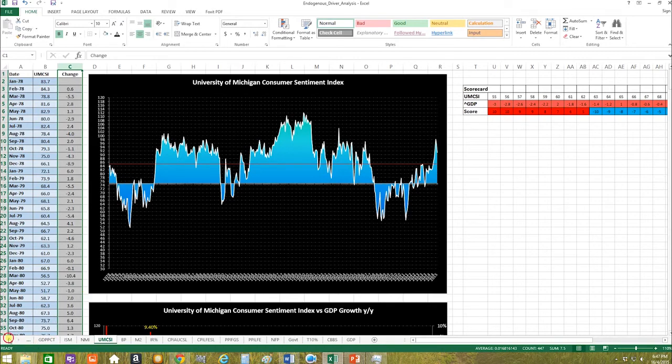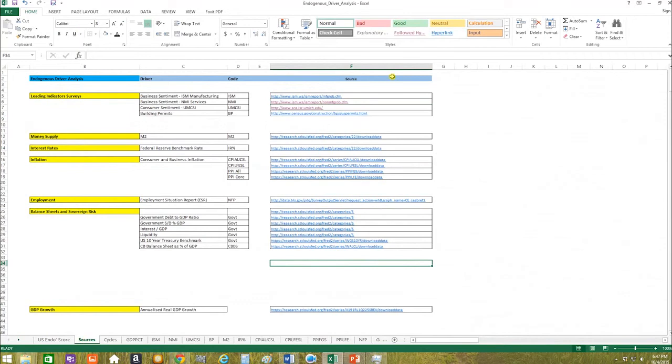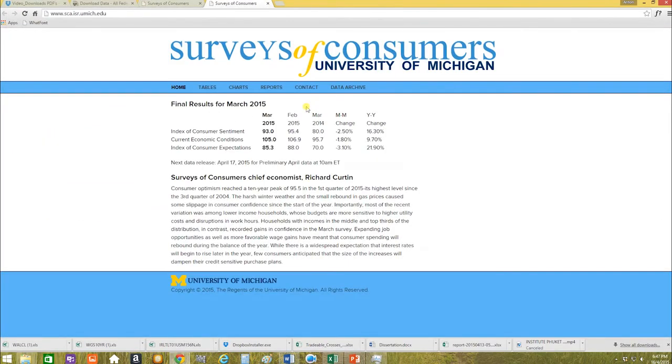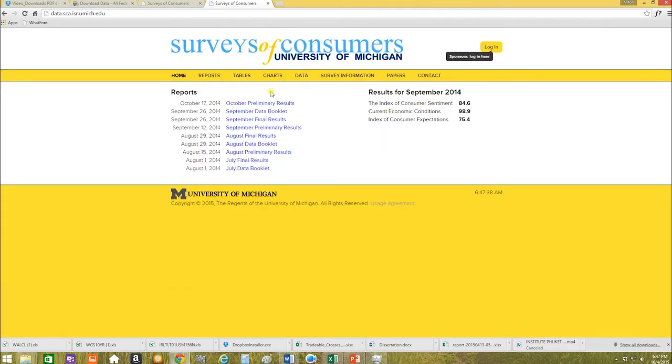And if we go into our sources tab, you'll be able to see that the link is in the table in the cell next to consumer sentiment, and we can just click on that, and that takes us to the University of Michigan Consumer Survey website, where we can go into our data archive here to download everything.